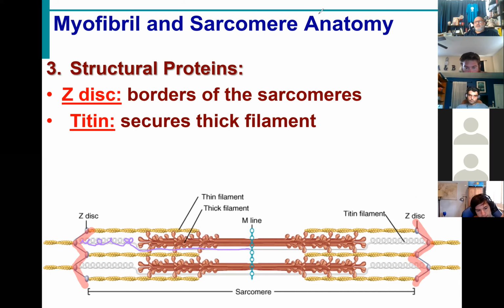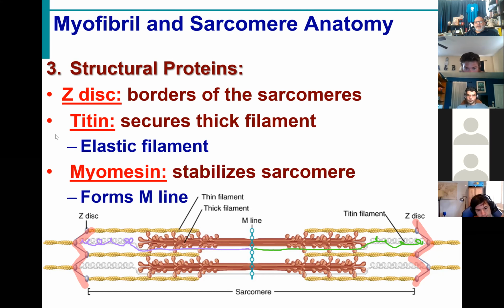But, and I'll change colors just to emphasize this, it doesn't go all the way across. Both sides have their own titins that meet and connect in the middle. So it isn't one that goes the entire length. We have one protein that goes to the middle, and then the other protein goes to the middle. So two different titins there in their arrangement. They're the ones that give the extensibility and the recoil.